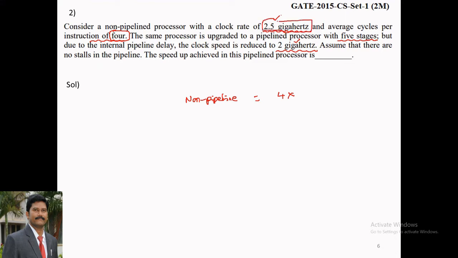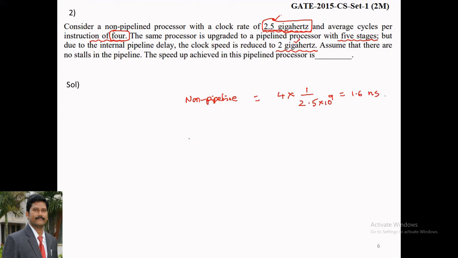Now the clock frequency is 2.5 gigahertz, so 1 by 2.5 into 10 power 9. This is the non-pipeline time taken to execute one instruction. This is 1.6 nanoseconds.